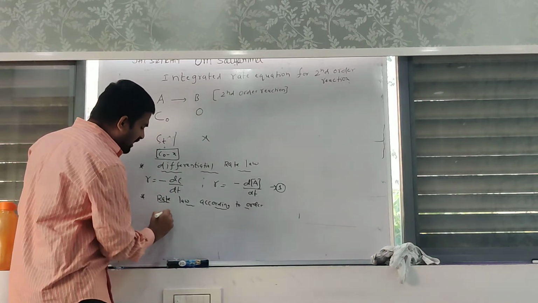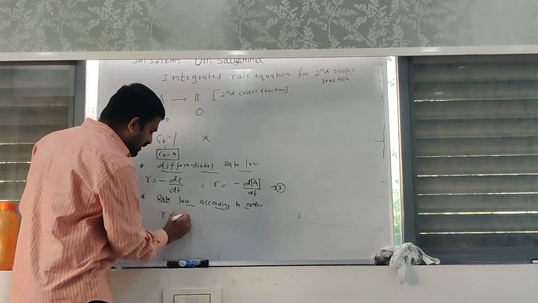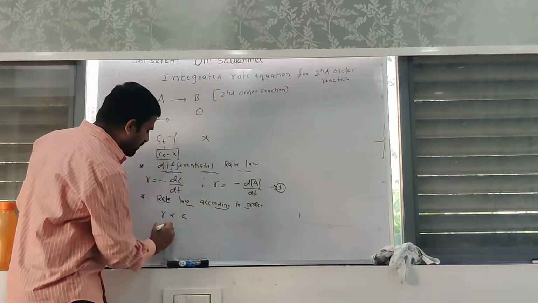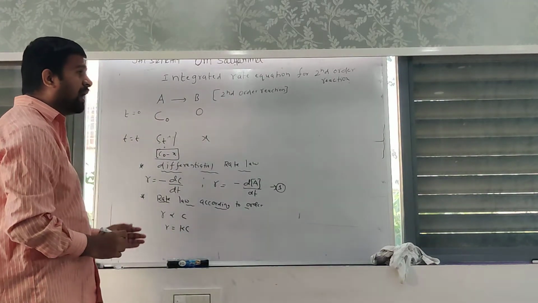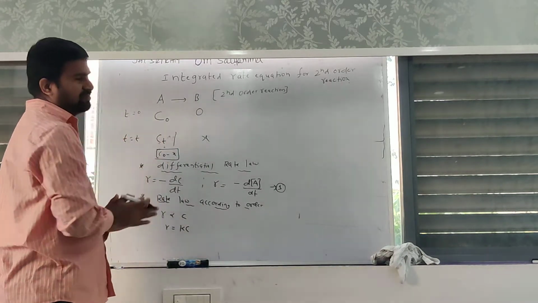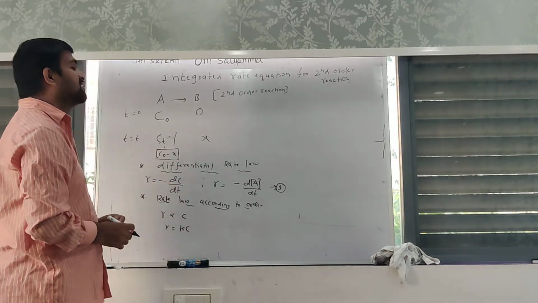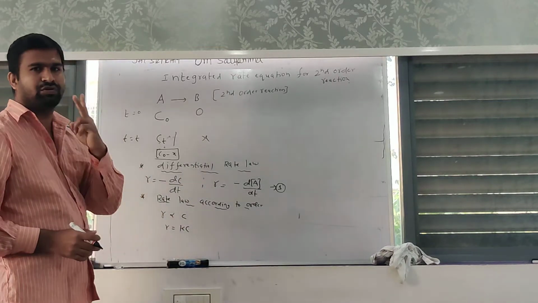So R is directly proportional to concentration of reactant. When proportionality is removed, the constant K comes. This is a second order reaction, so the sum of the powers of the concentration terms in the rate equation is equal to 2.